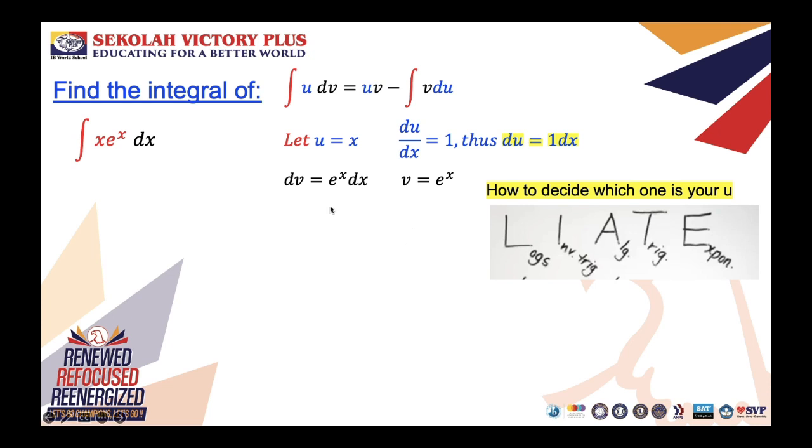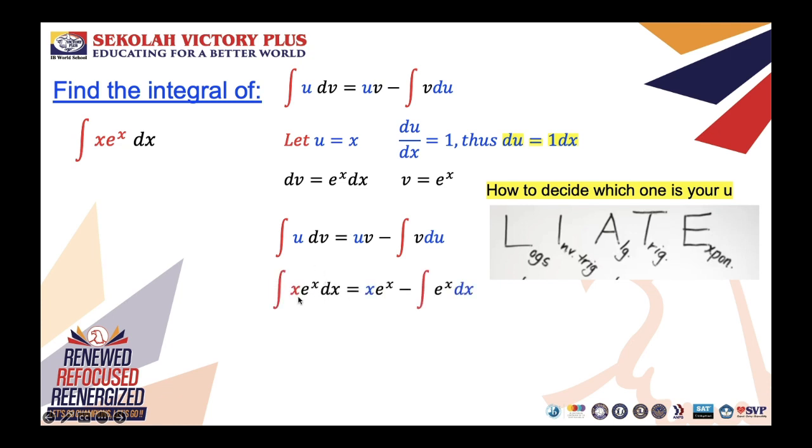All right. Once we have these values of u, v, dv, and du, we just have to put them in this formula. Here u is x and dv is e to the x dx.